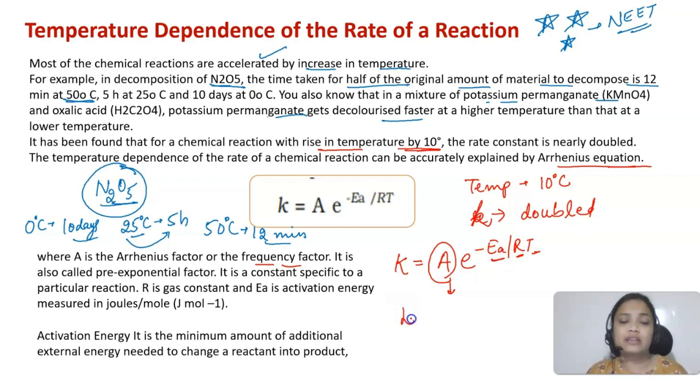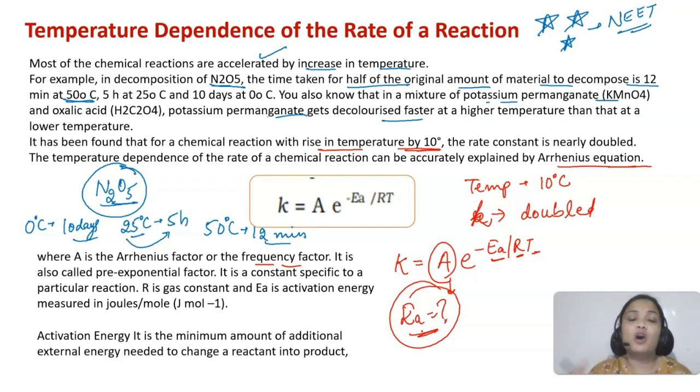Now the question arises: what is activation energy? See, when you have to change a reactant into the product, how will the reactant change into product? Those reactant molecules will collide with each other, right? And then the product will be formed. In collision theory we will study it again.